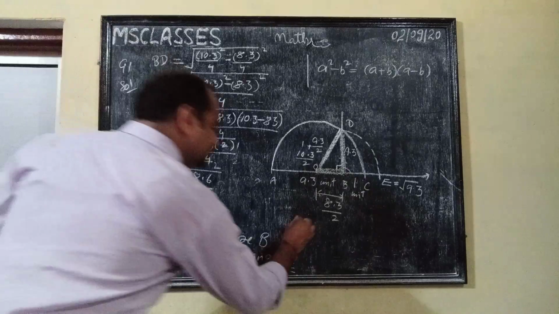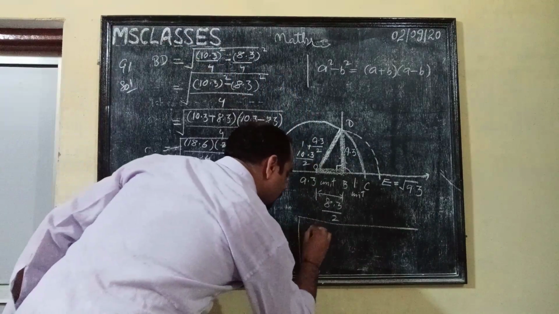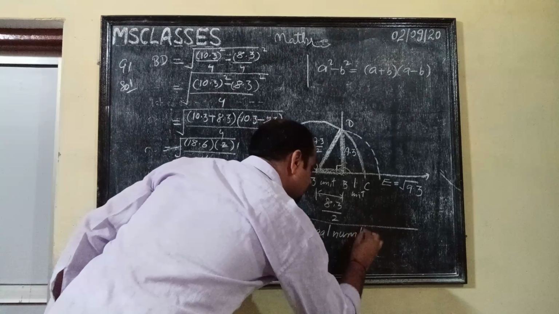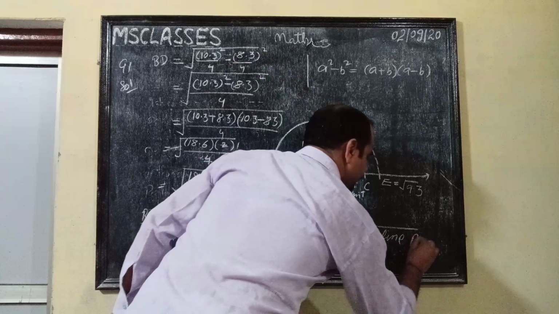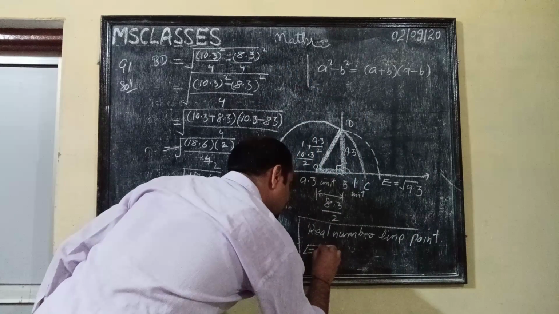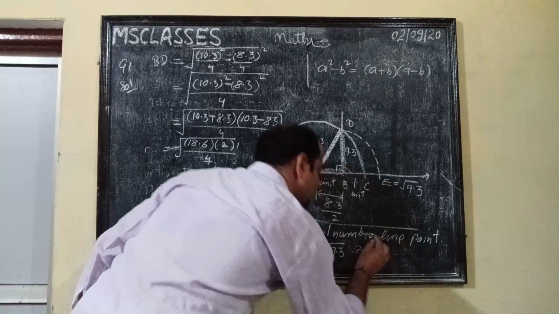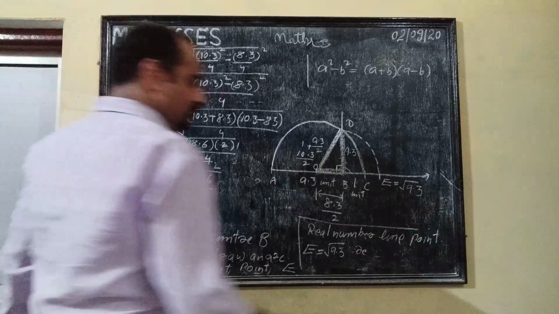So guys, on the real number line, point E is equal to under root 9.3 represent the solution.